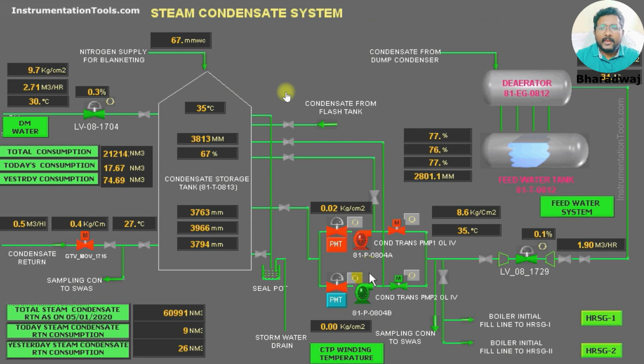It doesn't matter. It may be any type of instrument, but if it is analog, the most popular method is 4 to 20 milliamp signals. That is why you have to learn about the 4 to 20 milliamp signals.